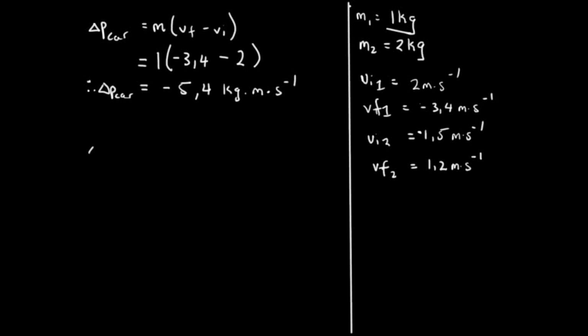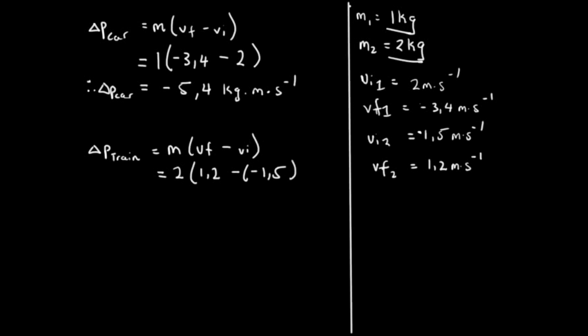Now let's calculate the change in momentum of the train. We know that's equal to the exact same formula, m times (vf minus vi). Taking m out as a common factor, you can multiply them in if you so choose. We know the mass of the train was 2 kilograms, multiplied by its final velocity, 1,2 meters per second, minus its initial velocity, which is negative 1,5 meters per second.